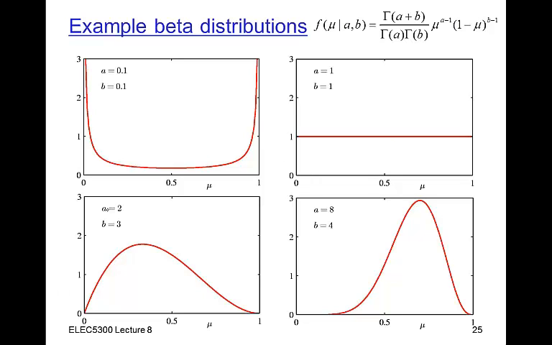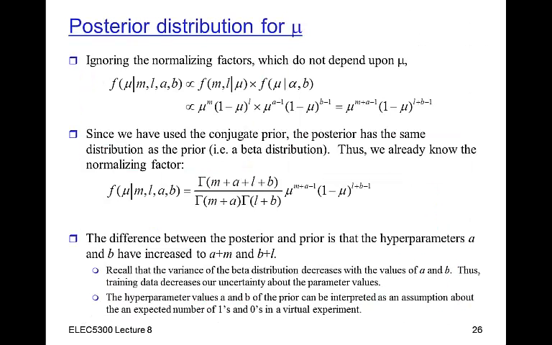And it depends on some parameters A and B. Now let's look at the posterior distribution for mu, assuming that we've observed some data which consists of M heads and L tails.